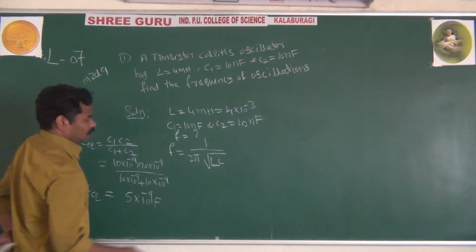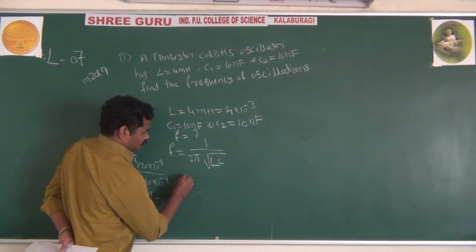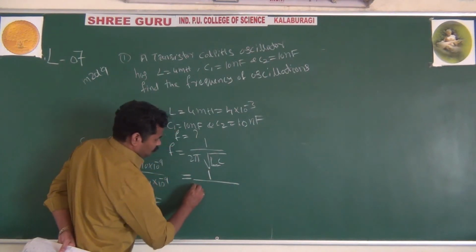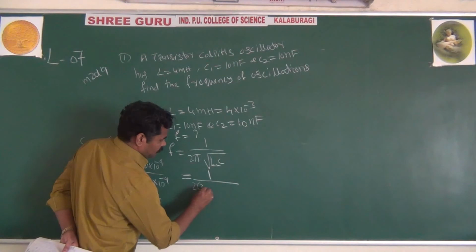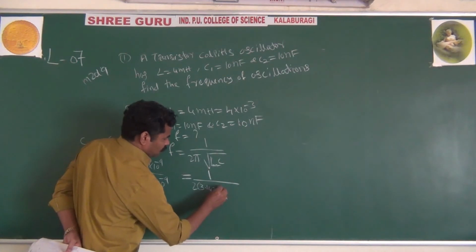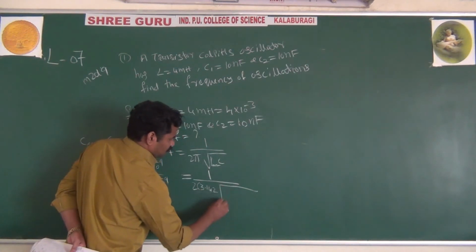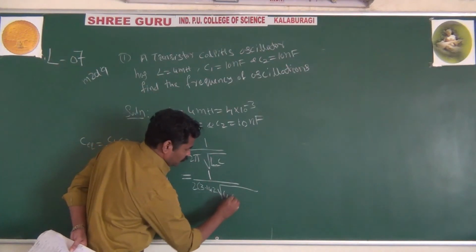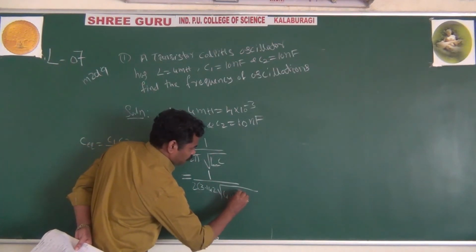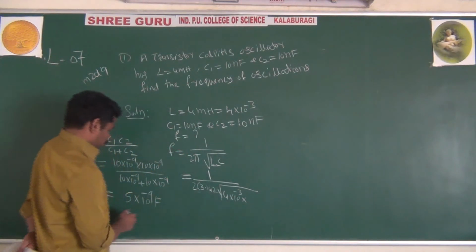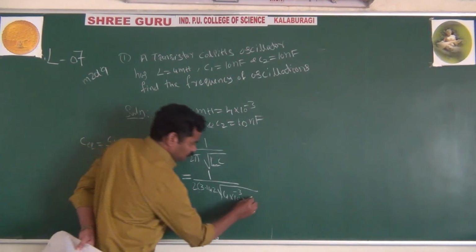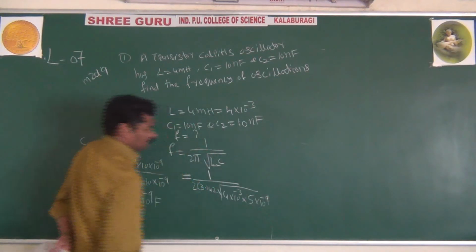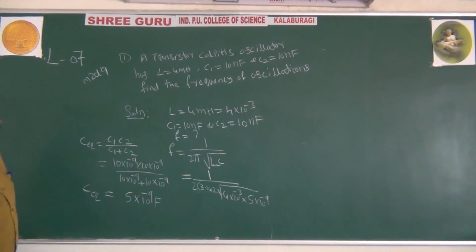Substitute this in the formula, and here once again use your pi value 3.142, and in the square root you have the L value, that is 4 into 10 raised to minus 3 into C value 5 into 10 raised to minus 9, and you can simplify it.